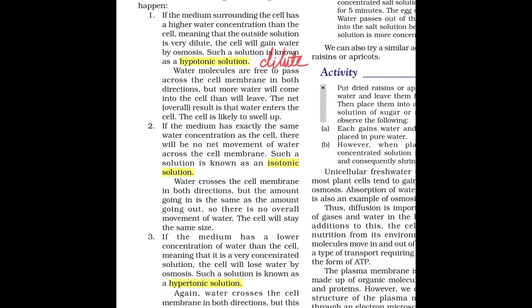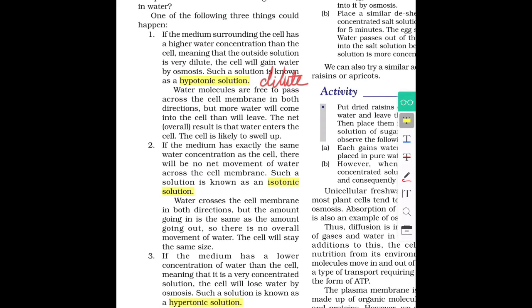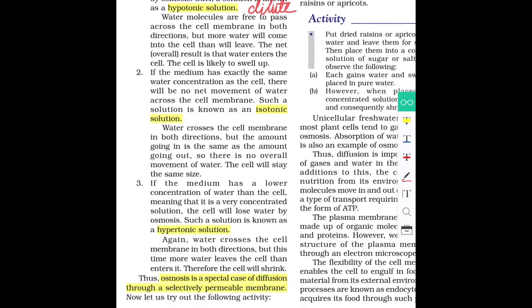Therefore, the cell will shrink. Thus, osmosis is a special case of diffusion through a selectively permeable membrane.